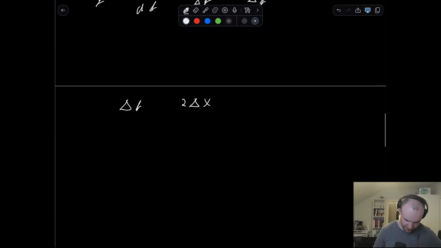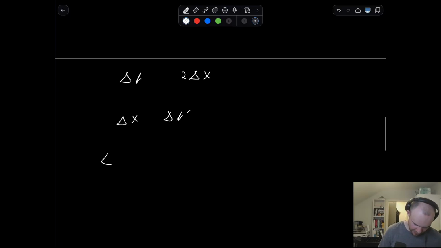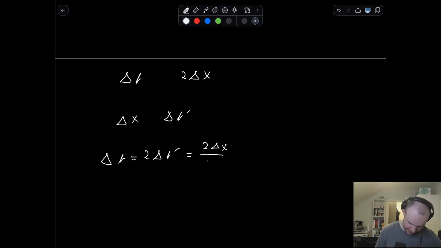Okay, that means that, let's say in just delta x, we instead have delta t prime. Which means that delta t is equal to 2 times delta t prime, right? And for delta t prime, remember that the particles will have the velocity v of x. So you'll have 2 delta x over v of x, right?